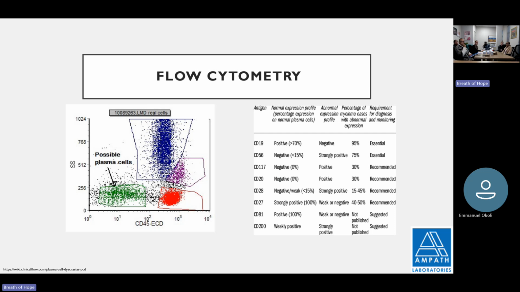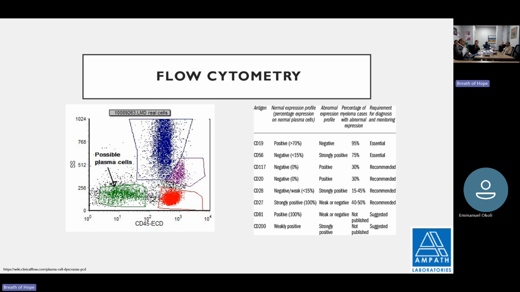And then here we'll see a funny population of cells that's usually CD45 negative, and we'll use other markers, but this will be your clonal population of plasma cells. That's why flow cytometry is so important, because when you get an abnormal population of plasma cells, somewhere in the entire process of B cells from production to memory B cells to producing plasma cells, a mutation occurs.